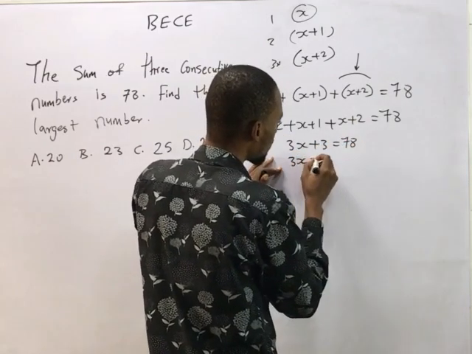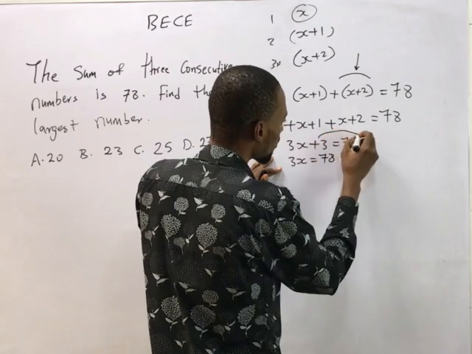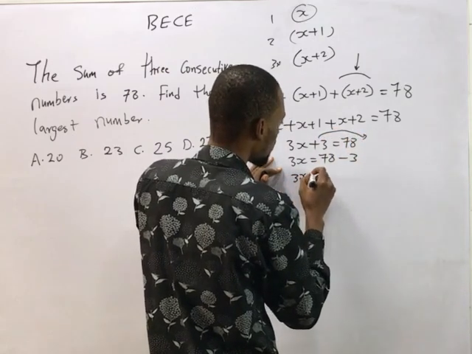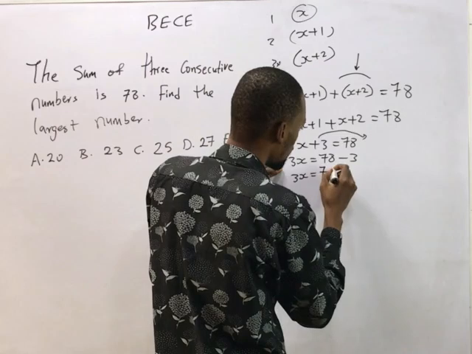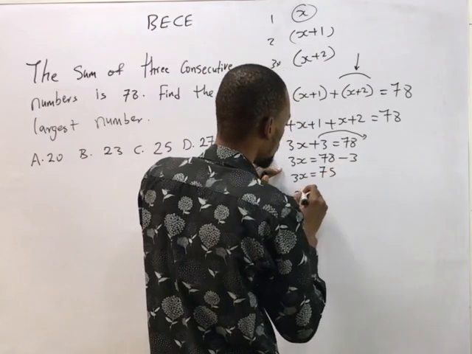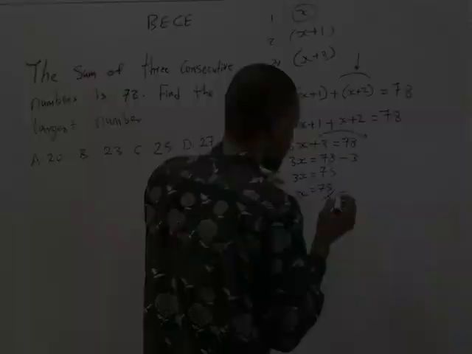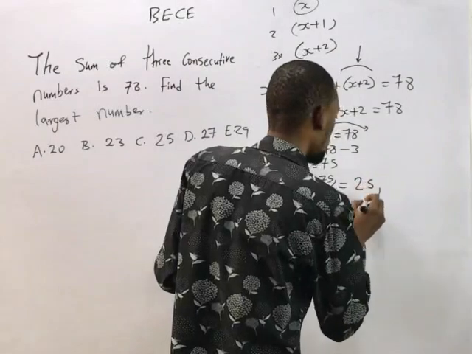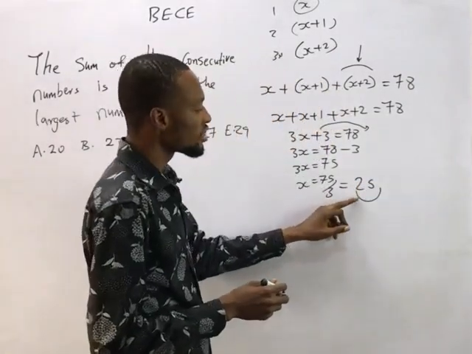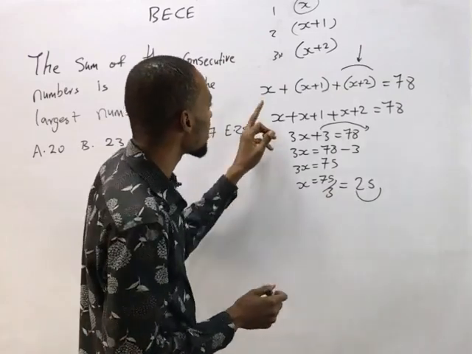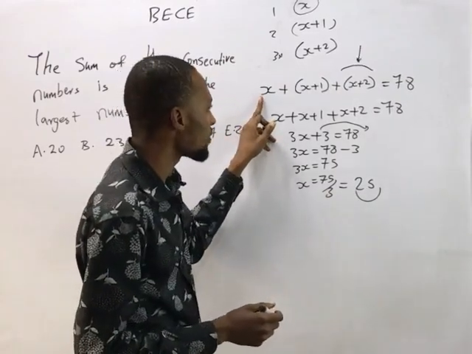So 3S is equal to 78 minus 3. So 3S is equal to 75. So S is 75 over 3, which is equal to 25. So now, this is the number which is S. So this implies that S is equal to 25.